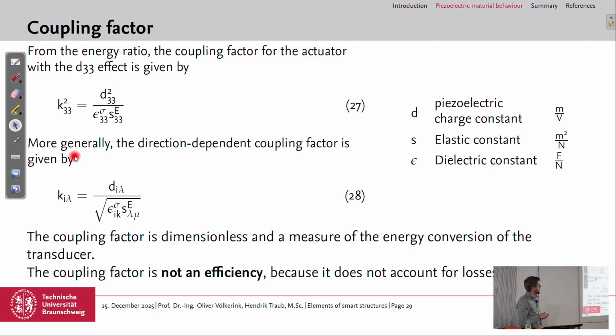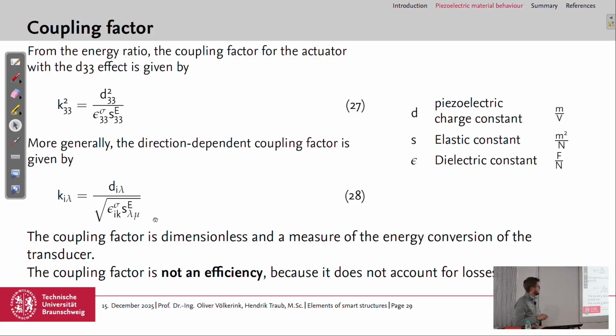And we can also have it more generally for the different directions. And we took the square root to have directly k. Then we have d i lambda divided by the square root of the permittivity in the direction ik and the compliance lambda mu.